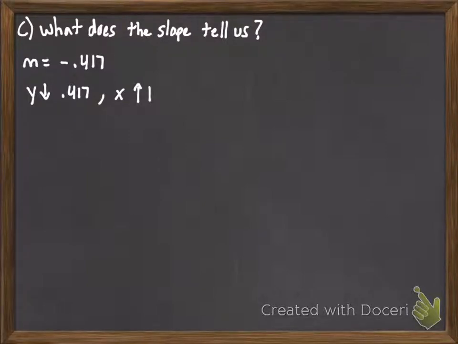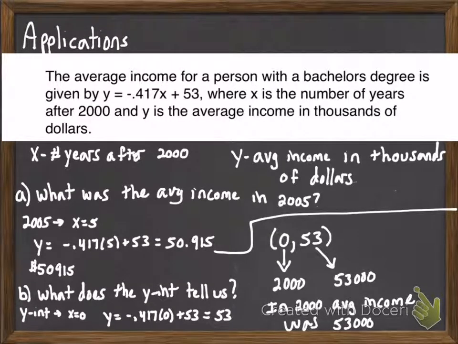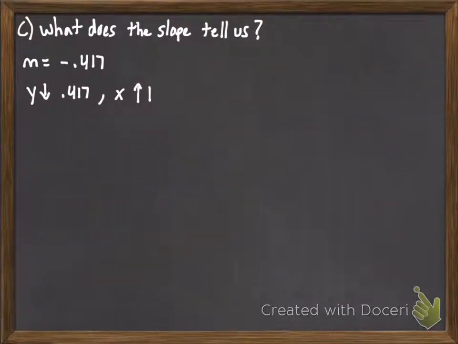But what does a decrease of 0.417 mean? Well, this is where we have to go back to what x and y mean. X was number of years after 2000. Y was the income in thousands of dollars. So because y is going down by 0.417, that's really telling us that the income is decreasing by 0.417 thousand, or $417.